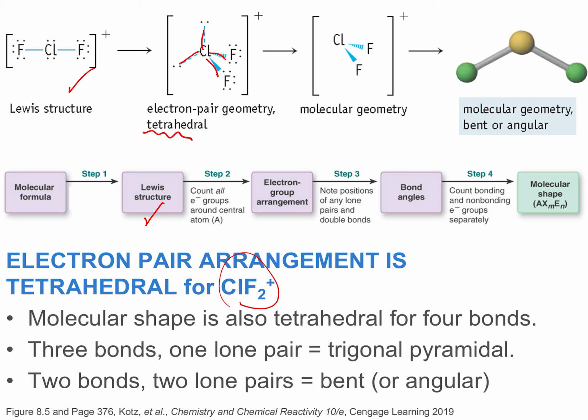So that means this is tetrahedral. But now we note the positions of the lone pairs and any double bonds. Well, we only have 2 regions of electron density that are occupied by these atoms. So that means that its molecular geometry is bent or angular. So this has a molecular shape that involves 2 bonds and 2 lone pairs.